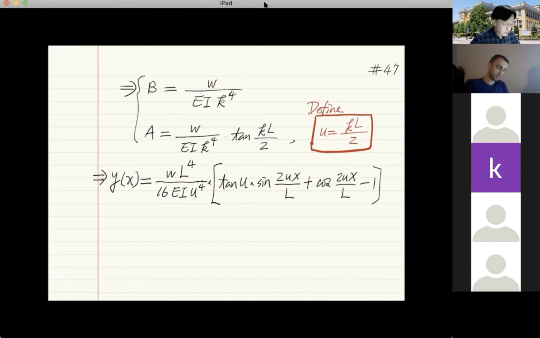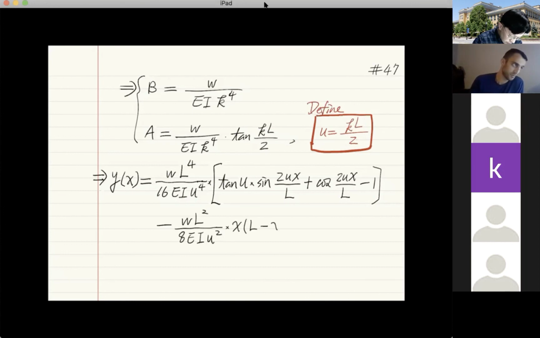This is just taking the complementary solution back here, and the particular solution follows. That can be written as WL squared over 8EI over U squared times x times L minus x.